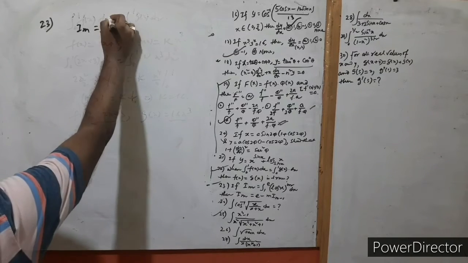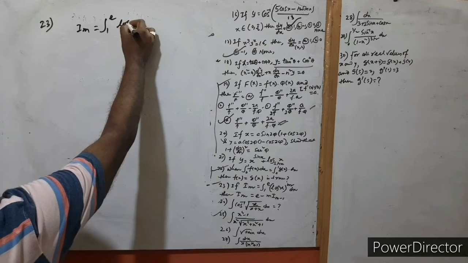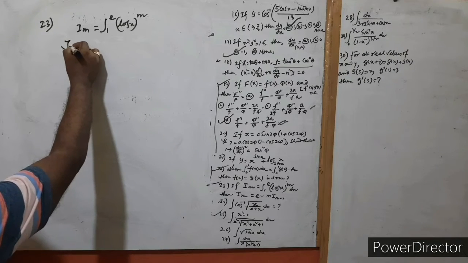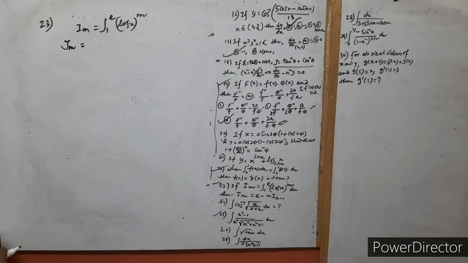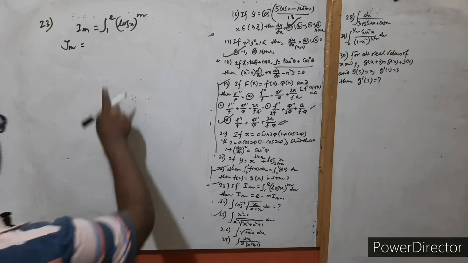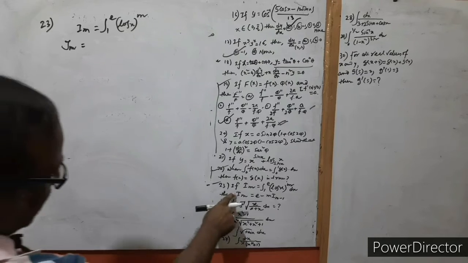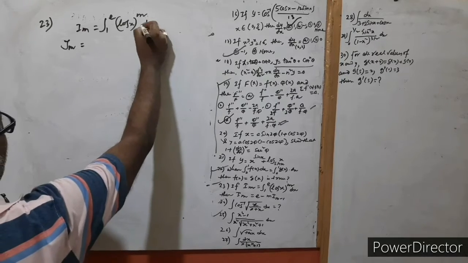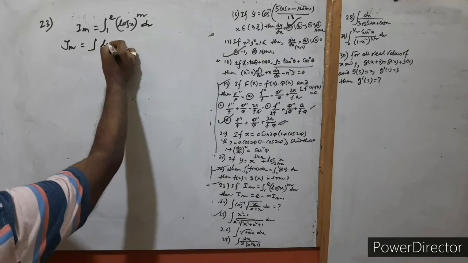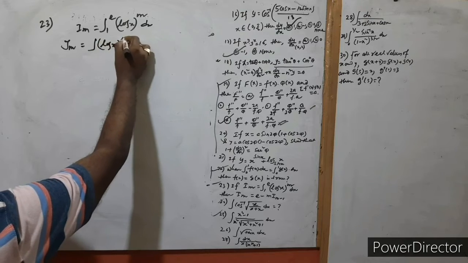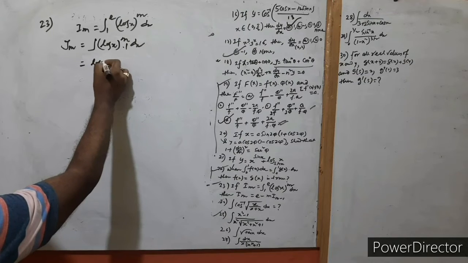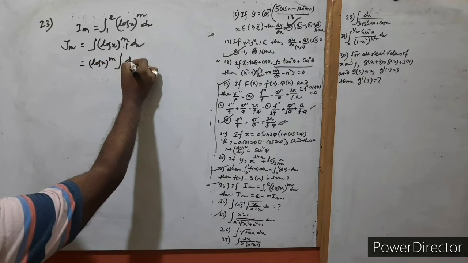Now the integral from 1 to e of log x to the power m dx. I m is equal to this, question 23, and given that I n is the integral from 1 to e of log x to the power n dx. We have to use integration by parts, u into v, with log x to the power m.